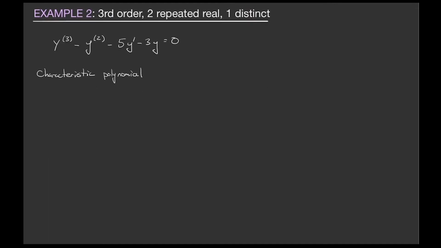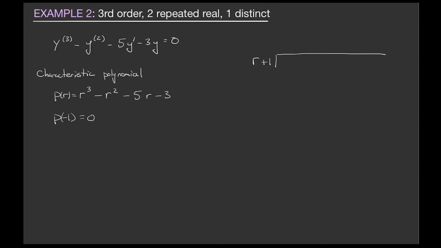Here we have a third order differential equation again. This is the characteristic polynomial. If we check for the roots, we'll find that p of -1 is equal to 0. That means -1 is a root. Now, doing the polynomial long division, we'll take r plus 1, which is r minus -1.